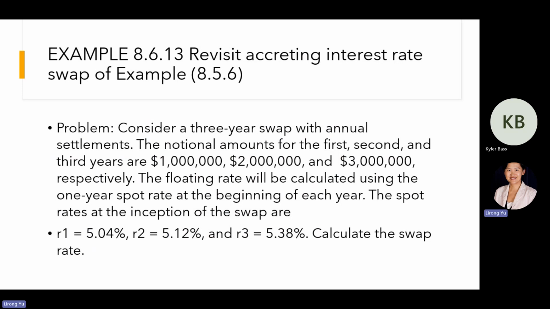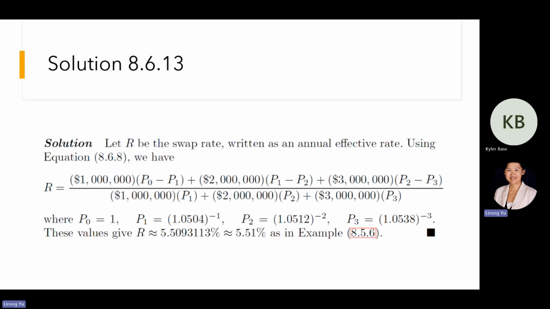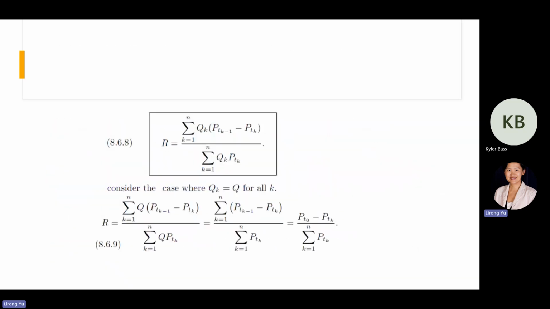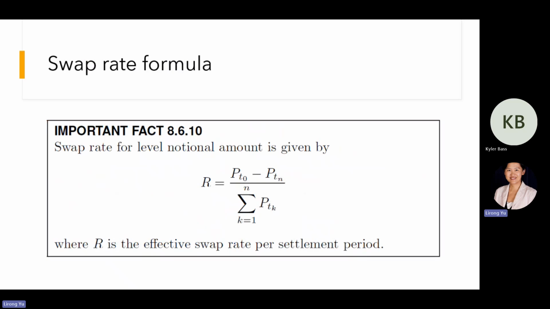All right, this is another example, the 1 million, 2 million, 3 million example. In this case, the notional is not constant, so you do have to involve it, but you can cancel some of the common factors. You can still use your P1, P2, P3 in there. Realize this earlier formula does not work anymore; it only works for a level notional amount.